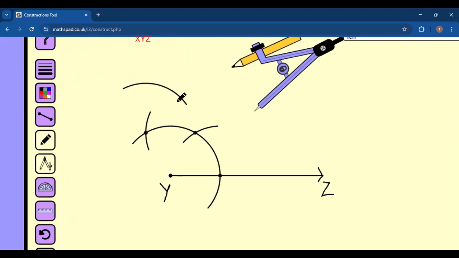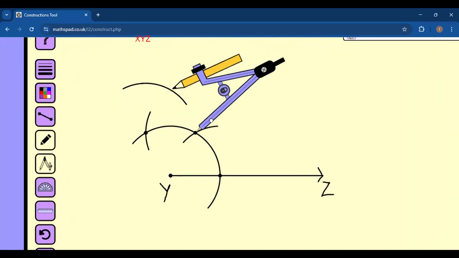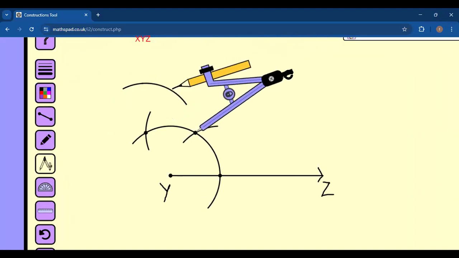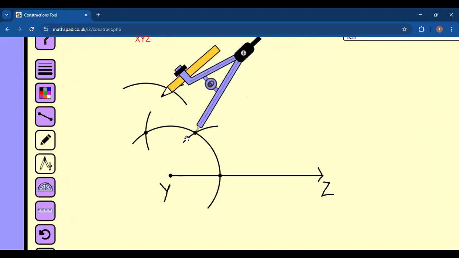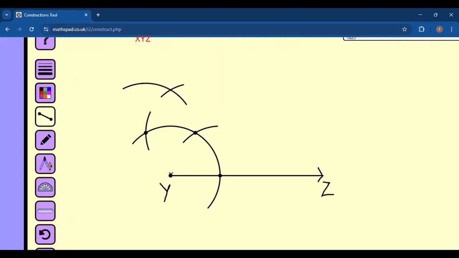Does that make sense? So from here, we draw this arc. Yes, sir. You see that? Then we come back to this particular point, and we draw another arc again from this particular point. And then all we do now is connect them. So come here, use our ruler, and connect this.